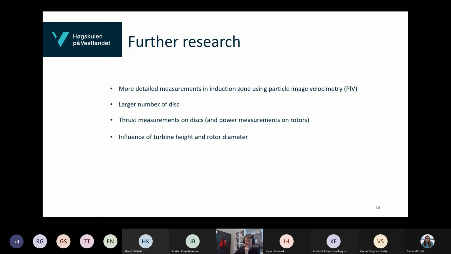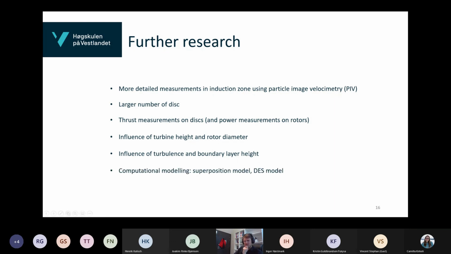And another thing that we think is influencing this quite a lot is the turbine height, which is in our experiments the turbine depth in relation to its own rotor diameter, which is influencing the so-called local blockage. And another thing is also the local boundary layer height in a real situation, and in our situation would be the depth of the flow channel.